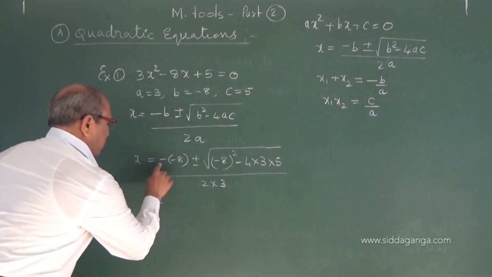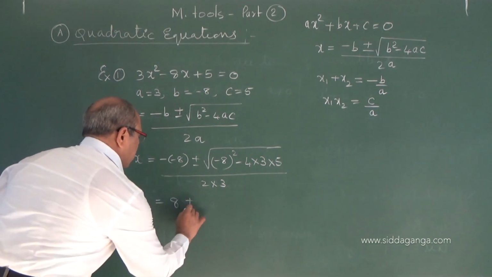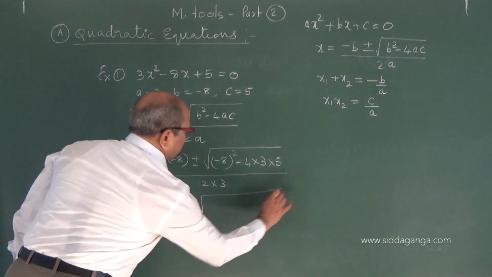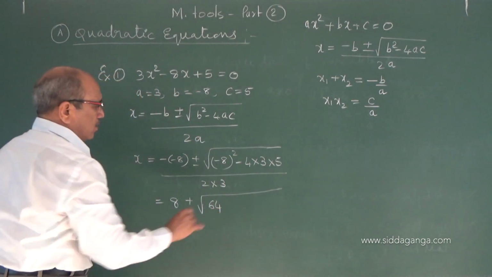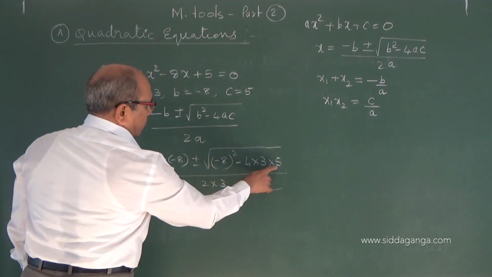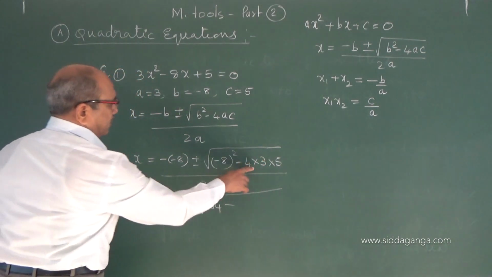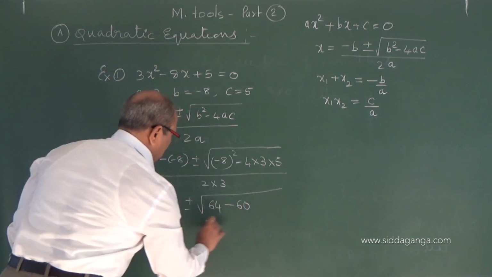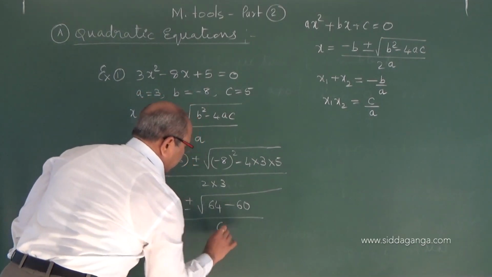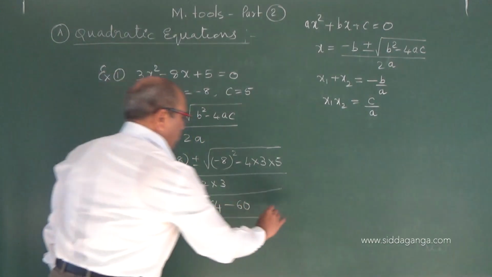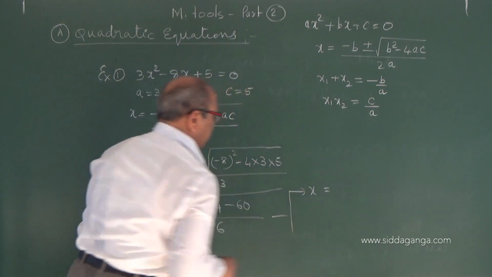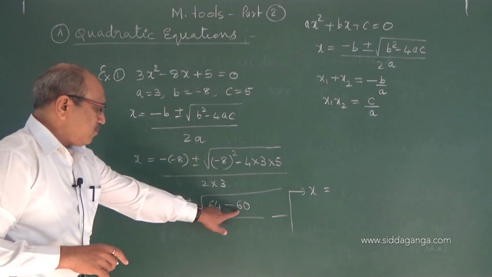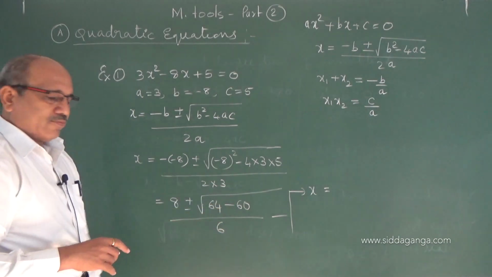Now minus of minus becomes 8, plus or minus the square root of 8² which is 64, minus 4 × 3 × 5: 3 fives are 15, 4 times that is 60, upon 6. When I simplify this, 64 minus 60 is root 4.